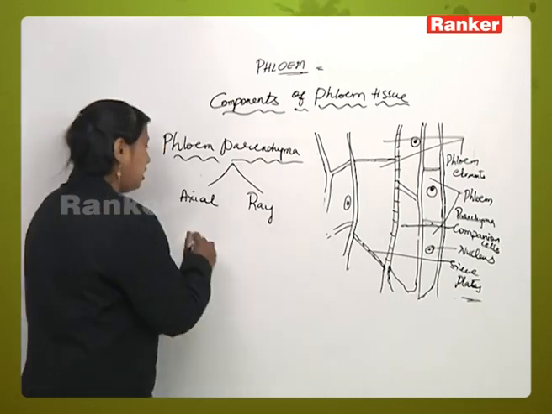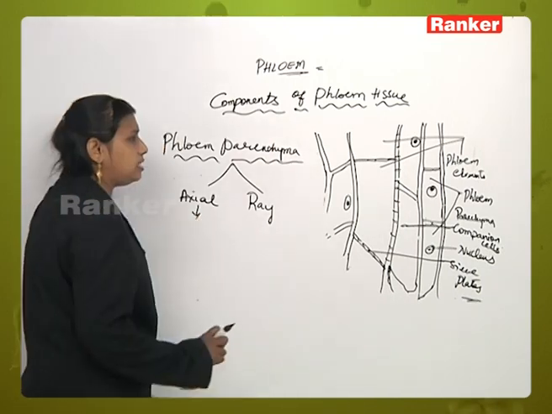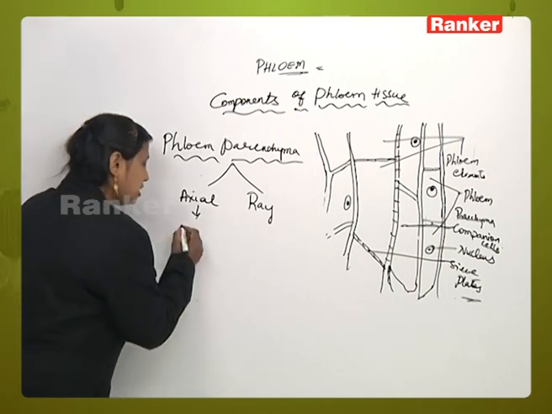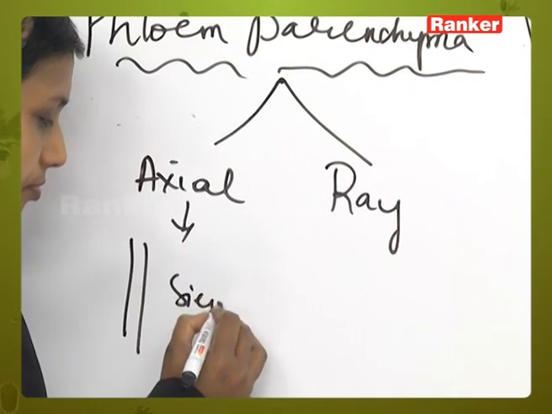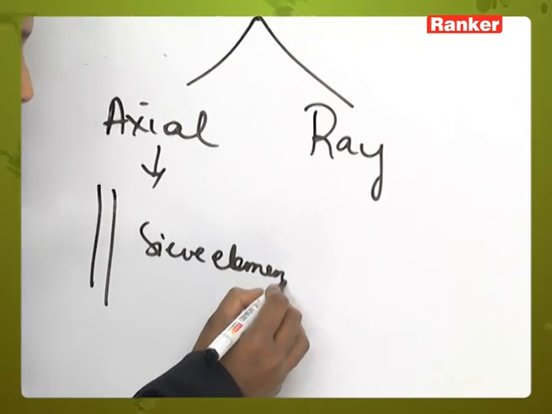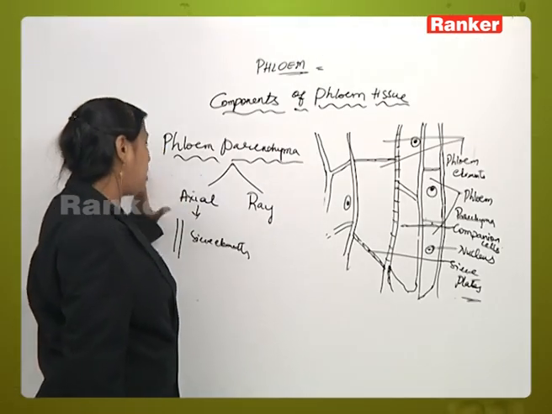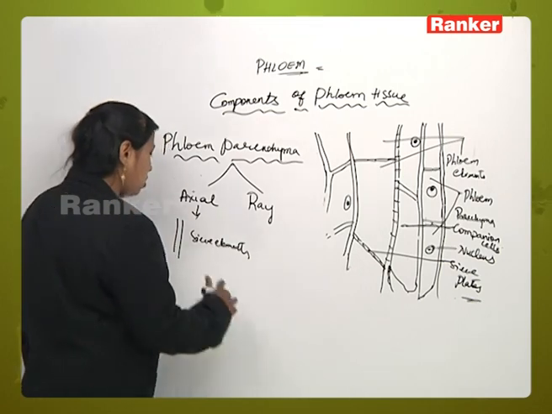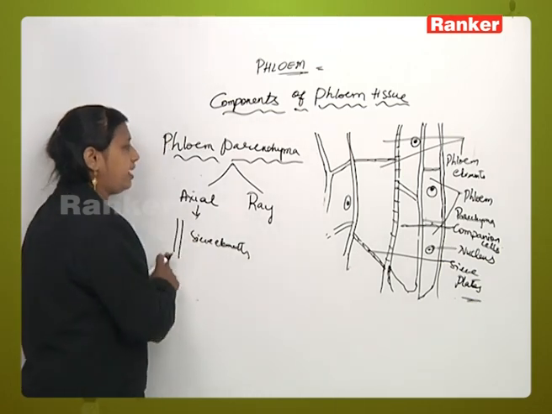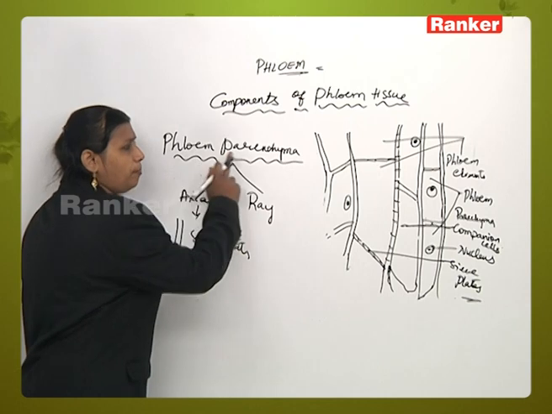Now, these parenchyma are arranged parallel to the long axis of the sieve elements. If these parenchyma cells are present parallel to the sieve elements in longitudinal rows, then those are called axial phloem parenchyma.